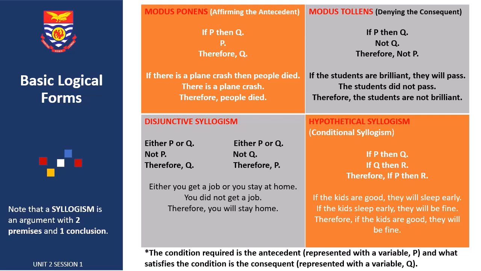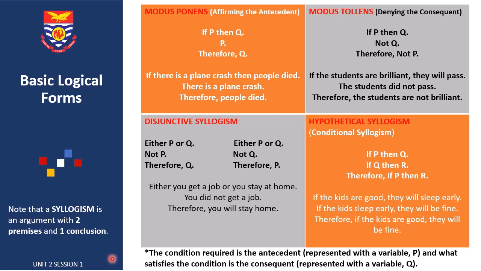Now, understand that in these four types of argument that we are going to discuss, we are going to use if conditional statements. What are these if conditional statements? An if conditional statement is just stating that if this happens, then something will follow. So the first part, of something happening, is what we call the antecedent, and that's what we identify as P. Now, the second part is what follows after the first thing happens.